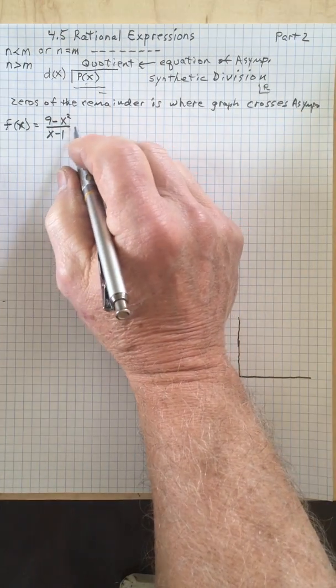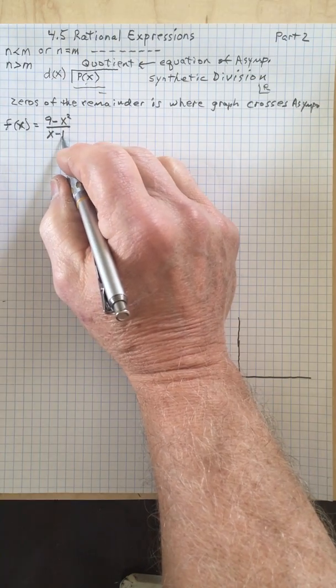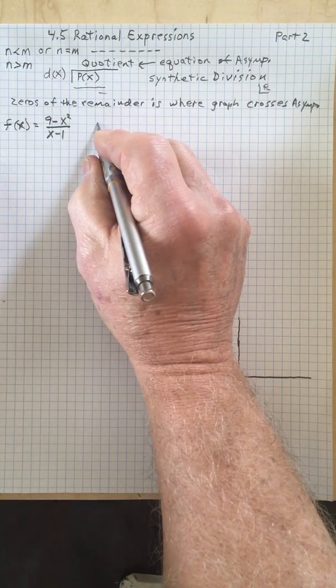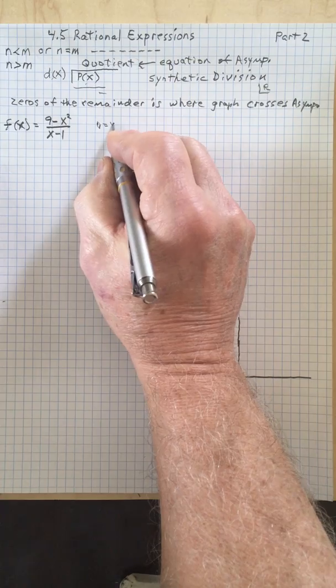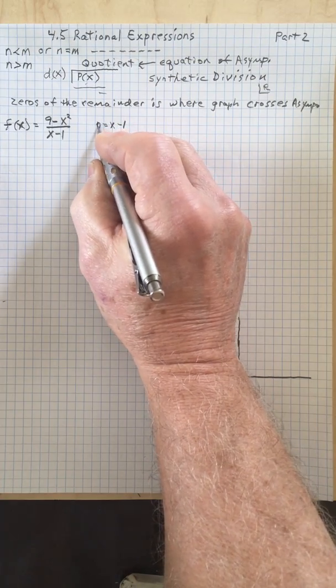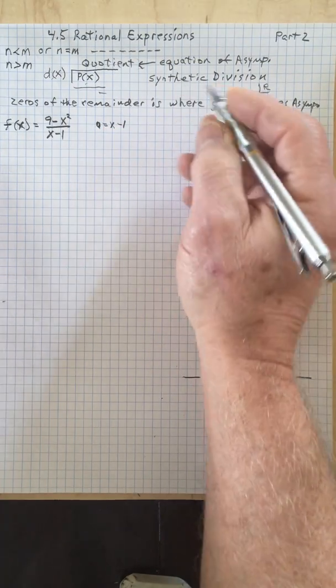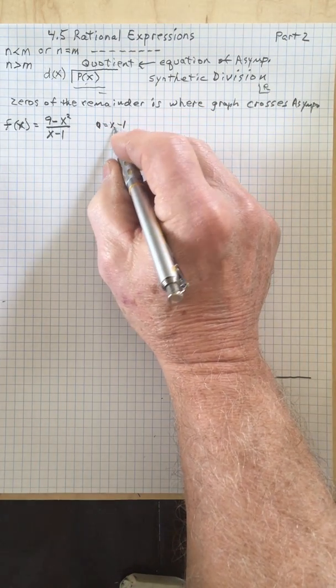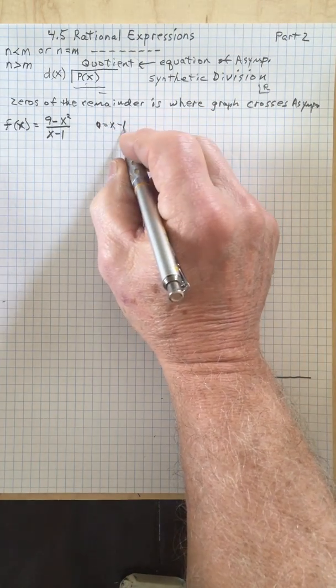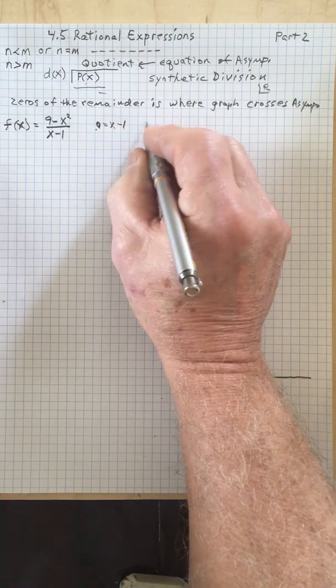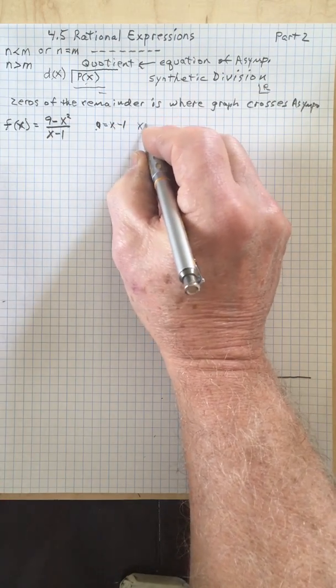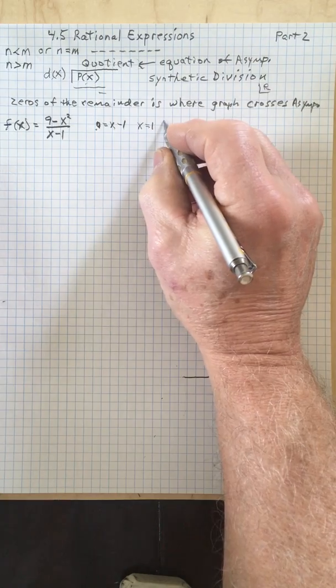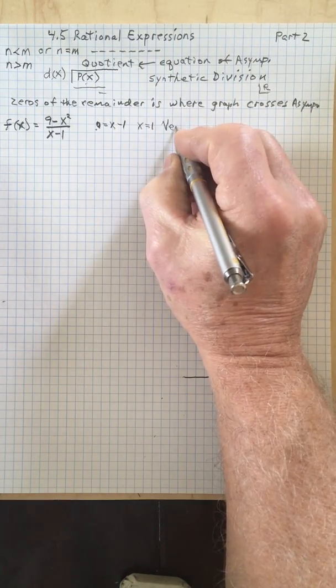We learned earlier that zeros of the denominator will lead to vertical asymptotes, and in this case, if x equals 1, the denominator is 0. So at x equals 1, we have a vertical asymptote.